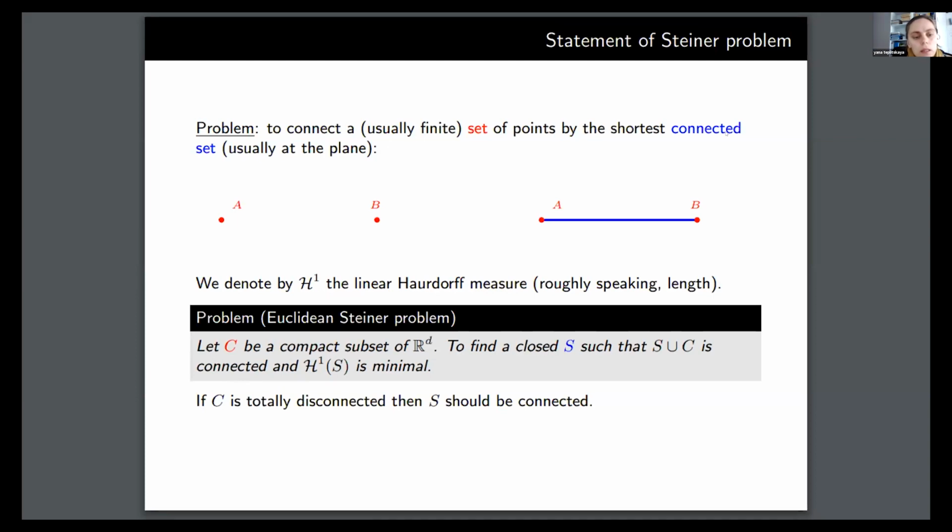If C is totally disconnected, for example, if it is a finite set of points, then clearly the set S should be connected. We usually will work with this.